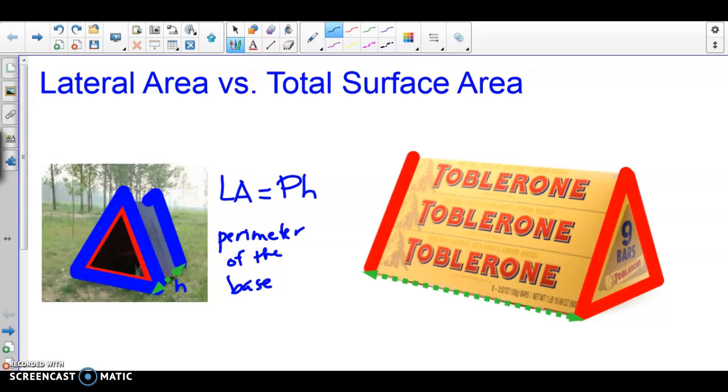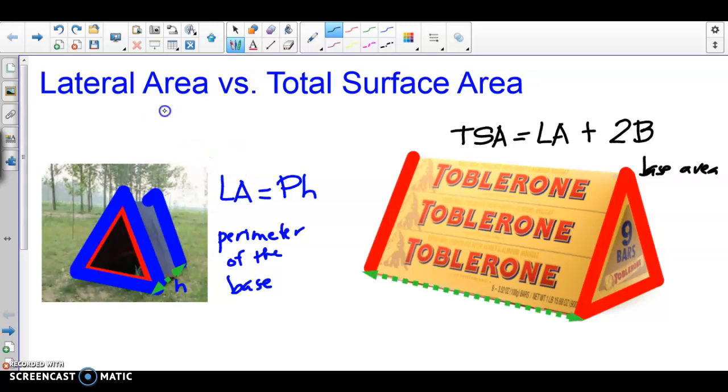On the other hand, for total surface area, or TSA, we want to get the lateral area plus the area of the two bases. So if we let capital B be the base area, just like what we did for volume, then since it has two bases, we multiply the base area by 2.